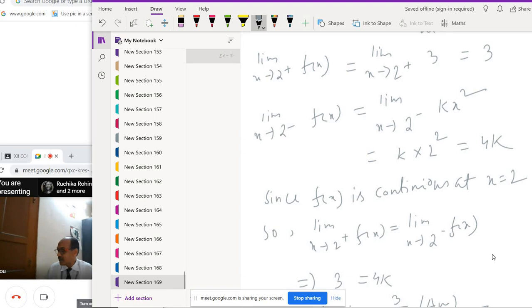Find the value of k, and it is continuous. Same type of question, it is continuous.